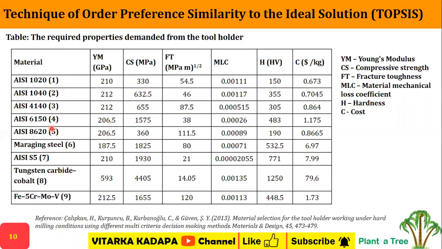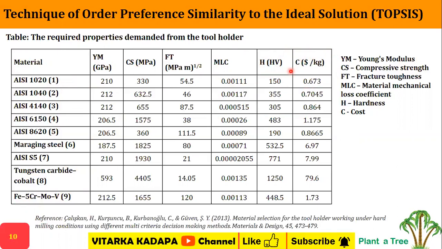They have given some standards like AISI 1020, 1040, maraging steel, then tungsten carbide, then ferrous carbide. Some steels are there. They have also given some mechanical properties, since it is a mechanical application, like Young's modulus, compressive strength, fracture toughness, material loss coefficient, hardness value, and the cost.